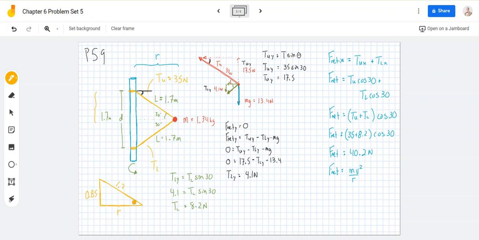Now, you also knew this angle, so you could use the sine or cosine, or you could use the tangent to find it, or you could just use Pythagorean theorem. Oh, it's so interesting.